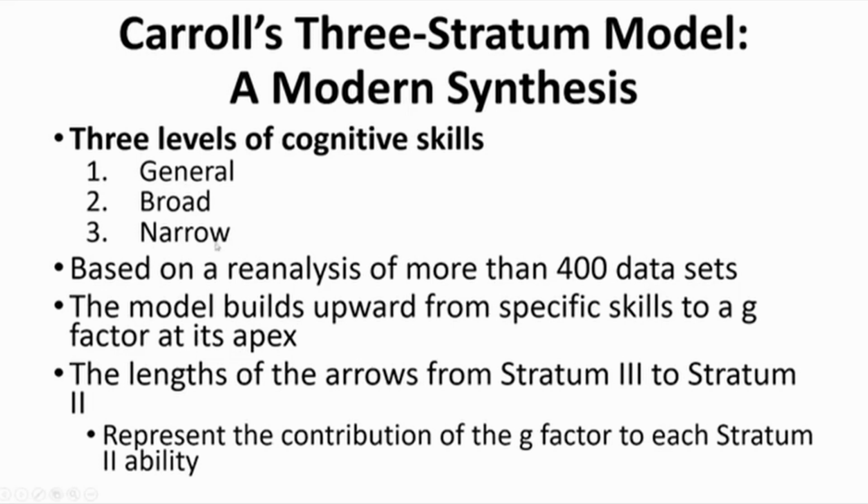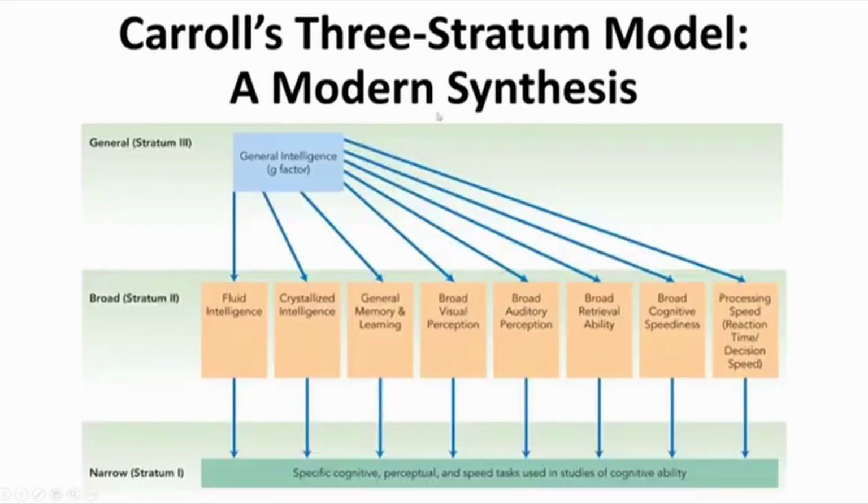Now this is one of those models where I feel like the visual is a lot more helpful than the words describing the visual. So we'll switch to the next page to look at this here. And so here we'll start at the top looking at our general intelligence with the third stratum. So this is that G factor you originally started talking about.